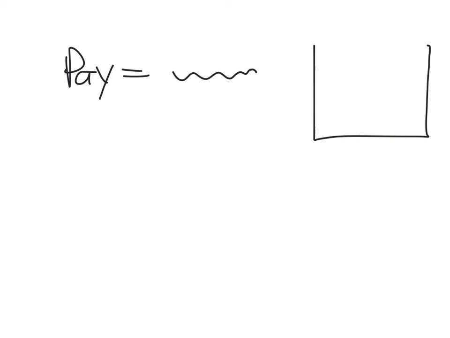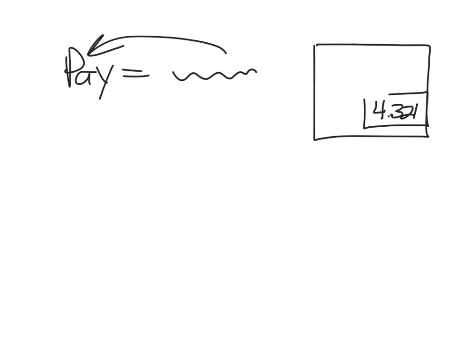And so you could use the functions. For example, if I had some pay equals and did some calculation, and here pay becomes, let's say, 4.321 in memory. So we have the place in memory. Then I could use a function.